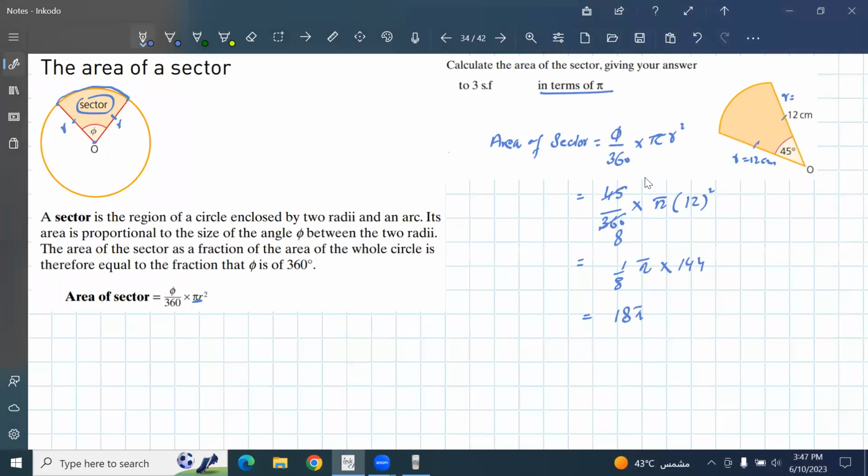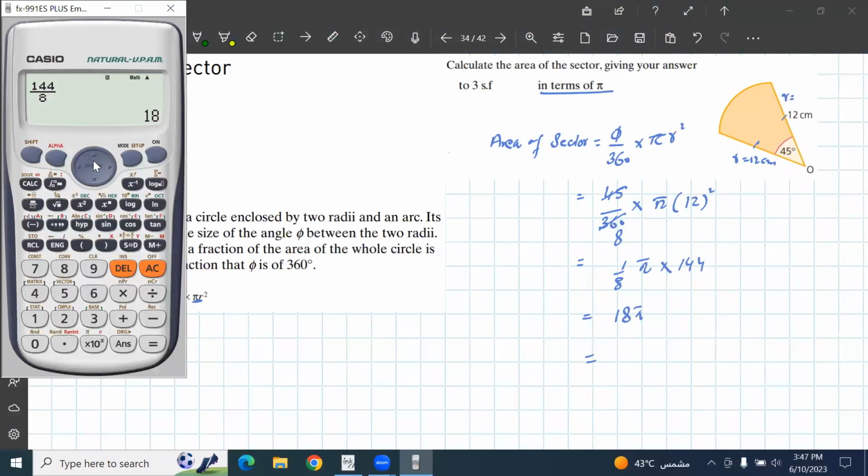Okay. Next, to three significant figures, we can simplify more, as you can see here. So 18 multiplied by shift pi gives us 56.5.